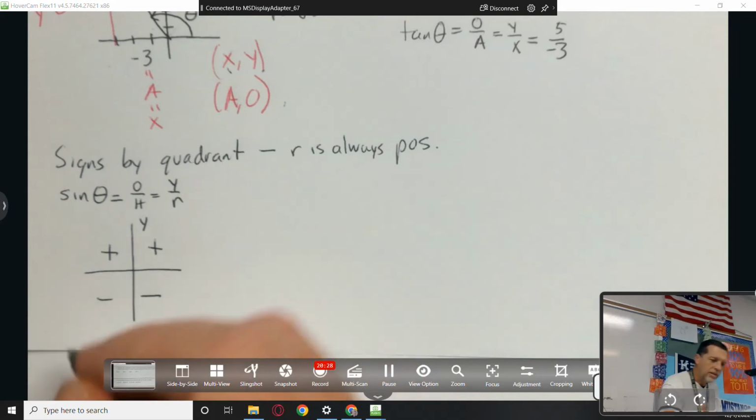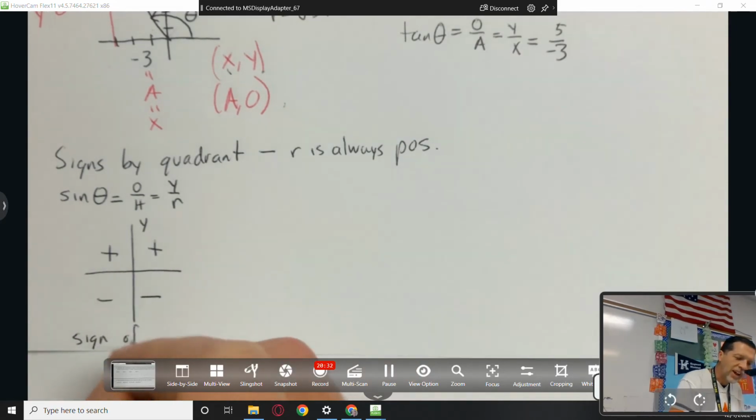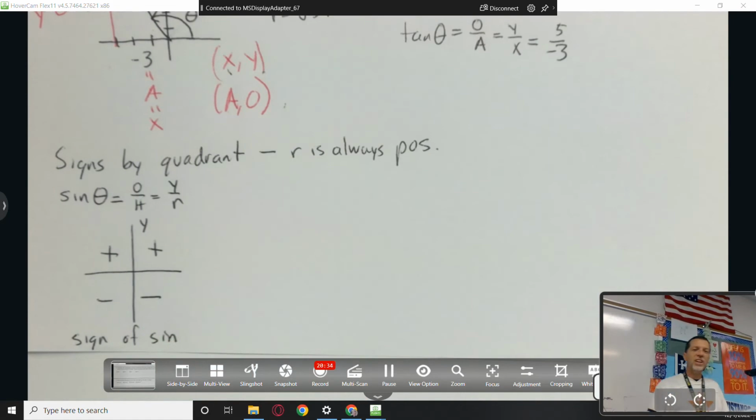So now that tells us this. This is the weird one because you keep saying sine of sine. The sign of sine, the plus or minus of sine. It's positive on the up, negative on the down, because sine goes with y.